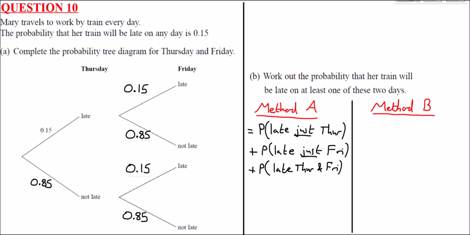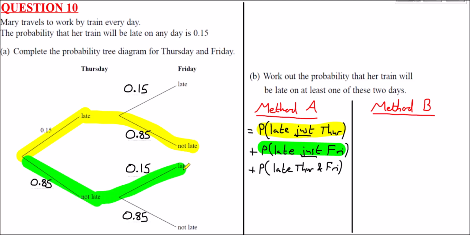So the chance that it's late on just Thursday. So late on just Thursday means it's late Thursday, but then it's not late Friday. So it's that route here. The chance it's just late on Friday would be it's not late on Thursday, but then is late on Friday.